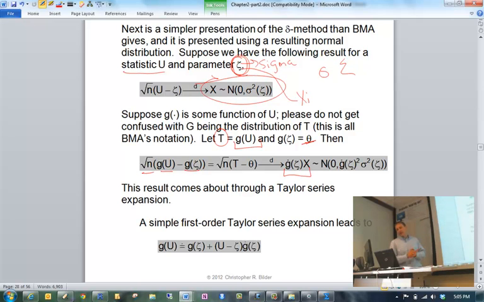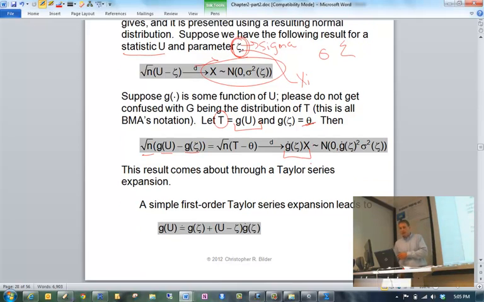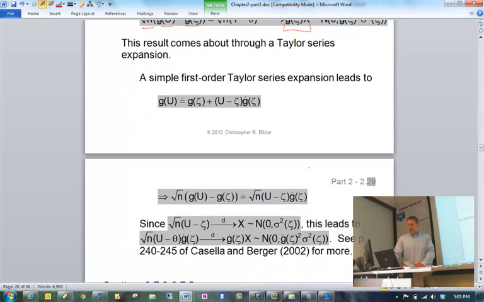Well, where does this come from? It's just a Taylor series expansion. That's all. I talked about Taylor series expansions earlier today on purpose. Let me actually do a split screen.